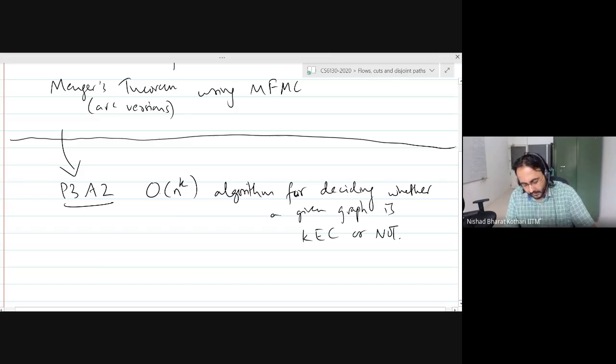Okay? And the cool thing about this is that, oh, sorry, I should not use the same k. Oh, did I use the same k on the assignment? No, on the assignment I did not. Let me call this n to the power c, where c is a constant that does not depend on the graph.